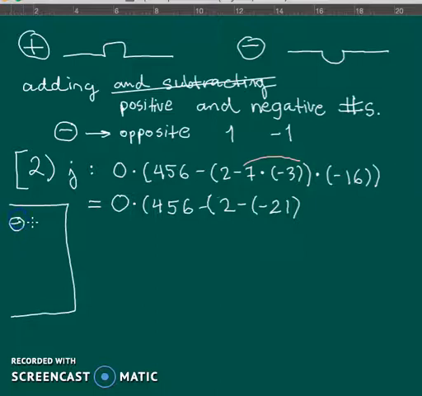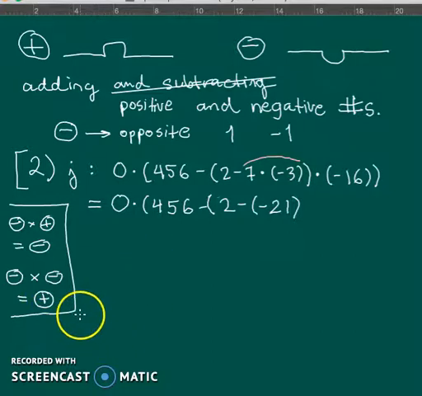A negative times a positive is a negative, and a negative times a negative becomes a positive. And there's a really good explanation of why that's true in your class notes, so you should take a look at that if you want proof of why that makes sense. And I would absolutely encourage you to fully understand why that works.